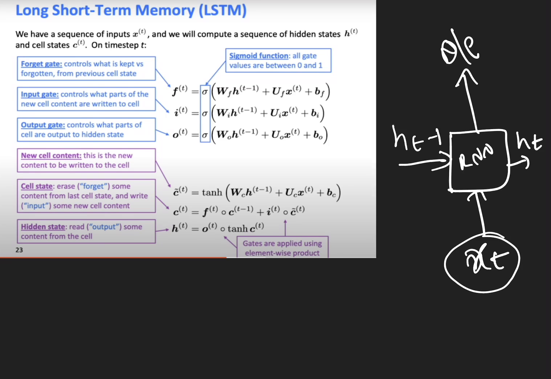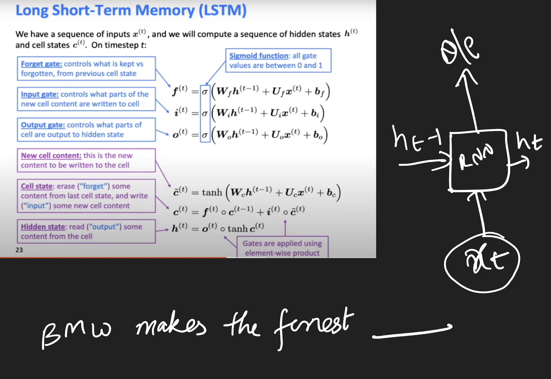Let's get back to our example: BMW makes the finest blank. LSTM is a language model. A language model has to predict the next word. If it predicts cars or bikes, I'll be able to say, okay, it understands language.